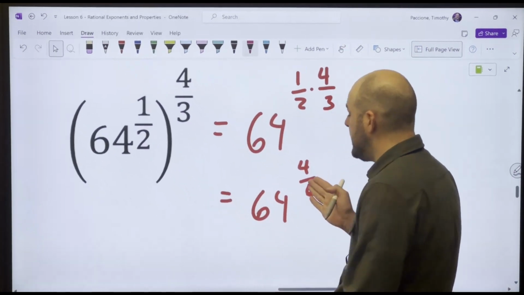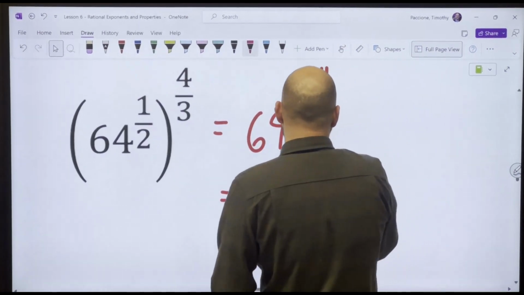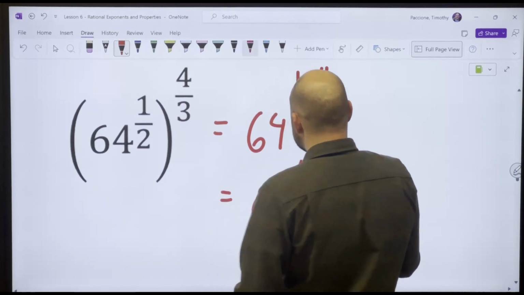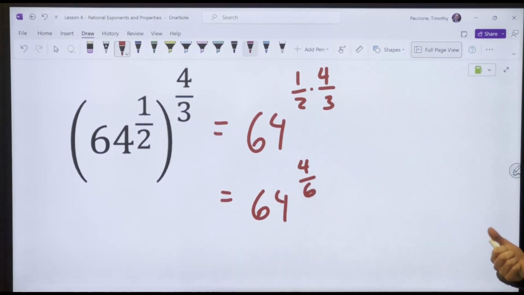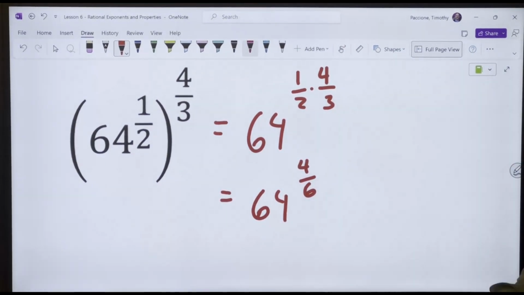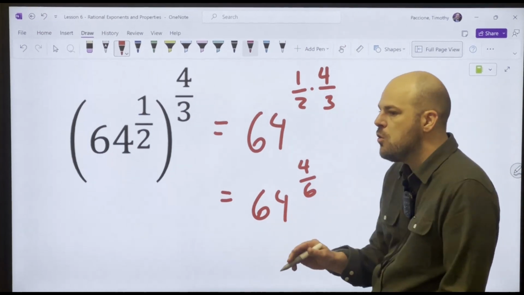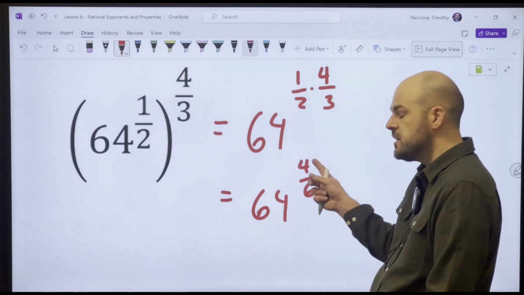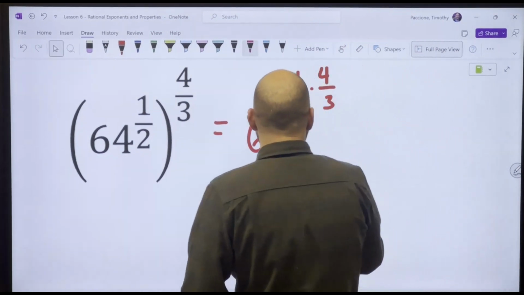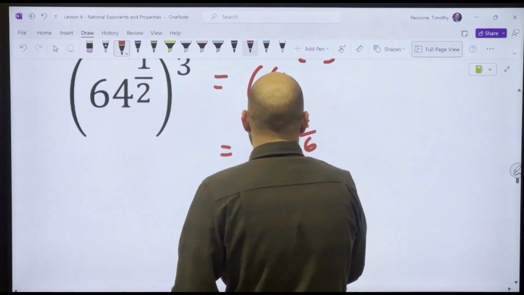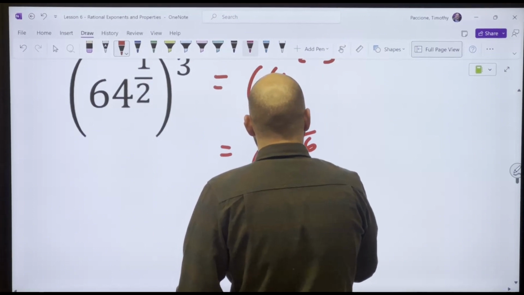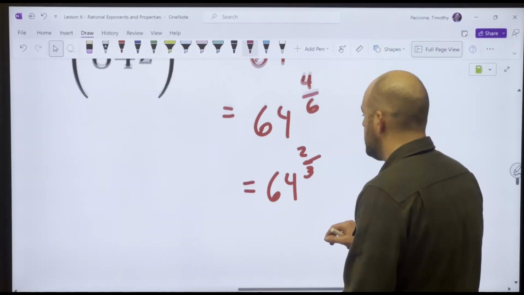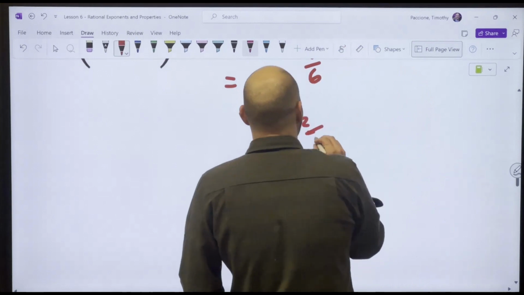Now, great example of why we want to check for simplification, right? Because if we went with this right now, I would have to take the 6th root of 64 and raise it to the 4th, which I can't do without my calculator, right? I don't know what the 6th root of 64 is, right? But if I recognize, 4 over 6, that reduces to what? 2/3. I can divide them both by 2. Well, now I have 64 to the 2/3, and I can take the 3rd root of 64, so I'm in business, okay?